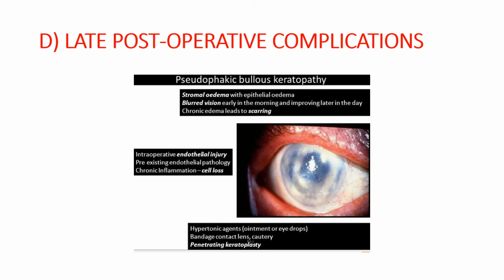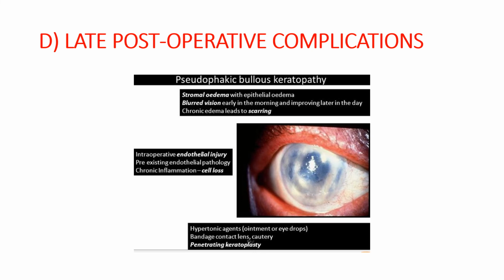You can see some epithelial bullae also, which is nothing but epithelial edema. There will be stromal edema, and the patient will complain of blurry vision more so in the morning, which will improve later in the day. This chronic edema can lead to scarring, and if the epithelial bullae ruptures, it will cause severe pain to the patient. So patient will usually complain of vision problem and pain in the eye.